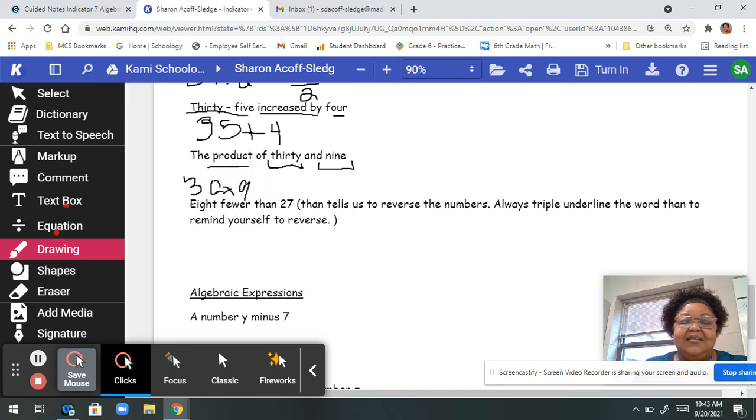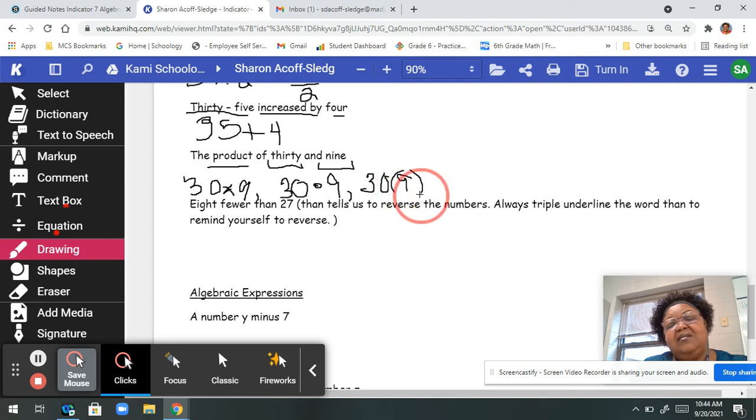That's 30 times 9. As we get into higher grades, we're going to use the dot for multiplication. So a dot. Or we can use parentheses for multiplication. 30 times 9. So all three of those mean multiplication, and all three of them are correct.